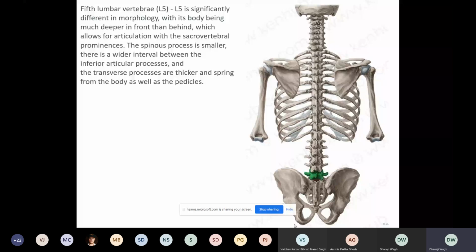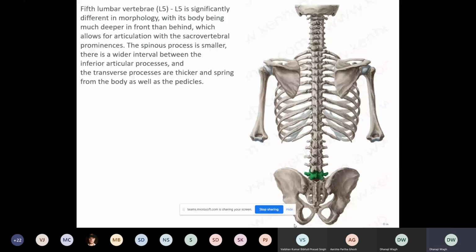There is a wider interval between the inferior articular processes, and the transverse processes are thicker and spring from the body as well as the pedicles. Here you have to remember this point: for L1 the transpyloric plane is there, and for L5 the morphological difference is there, the body being much deeper in front than behind, which allows for articulation with the sacrovertebral prominence. So this is important, you have to remember.